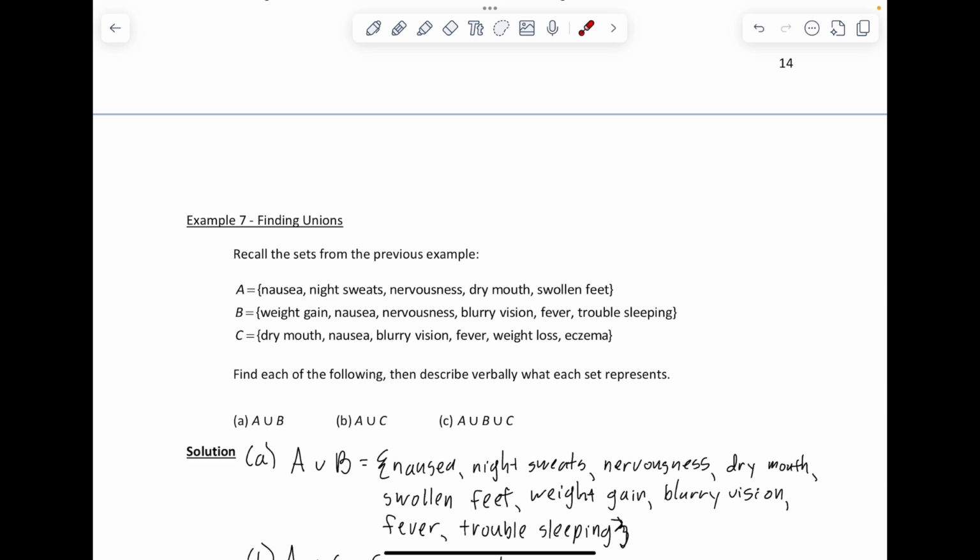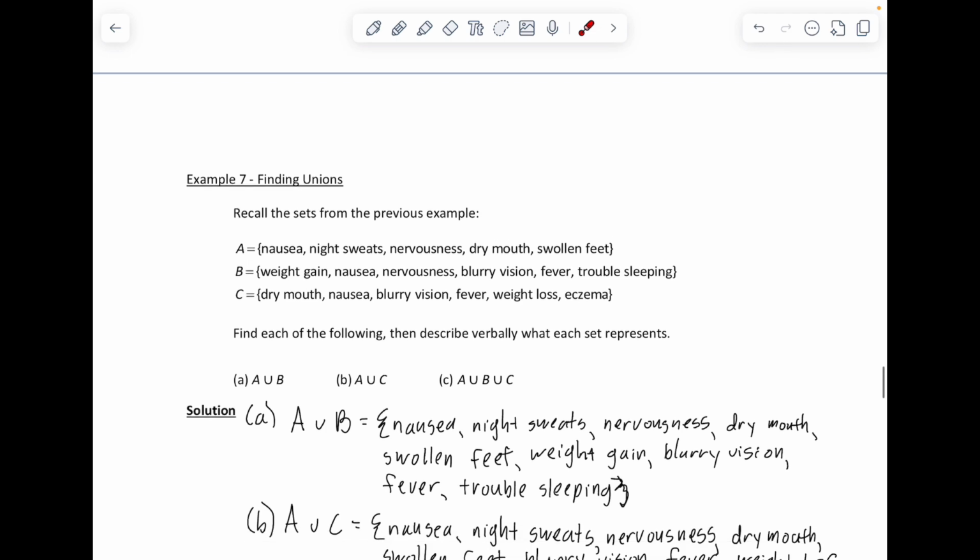And those would be dry mouth, right? They appear in both. Nausea appears in both, right? Blurry vision appears in both, and fever appears in both. Okay. Fever, yeah. So those are the ones that are shared in common.